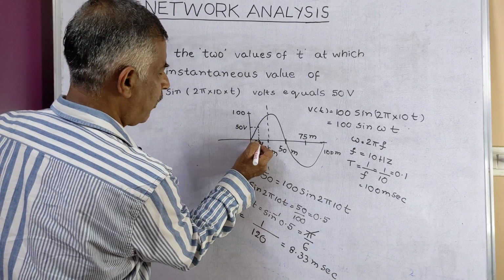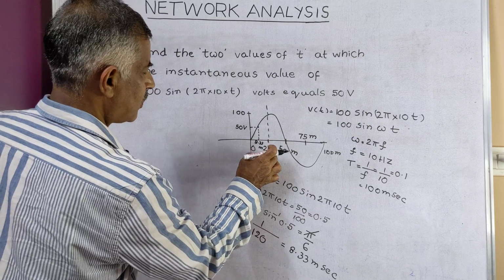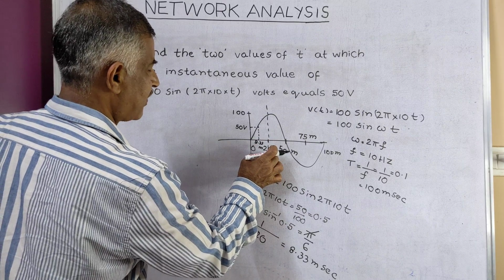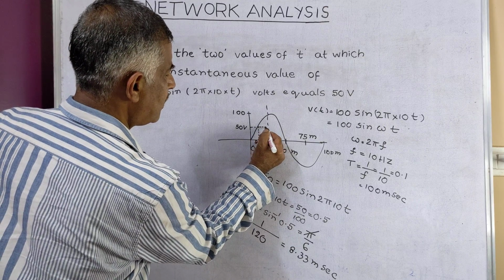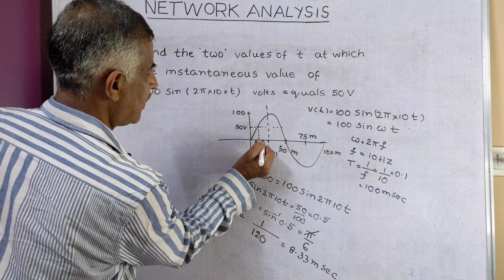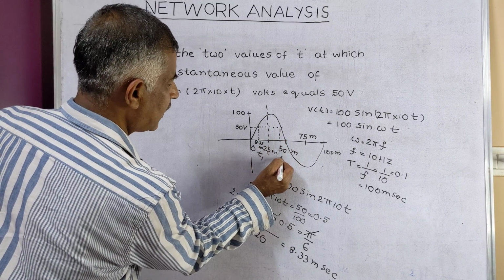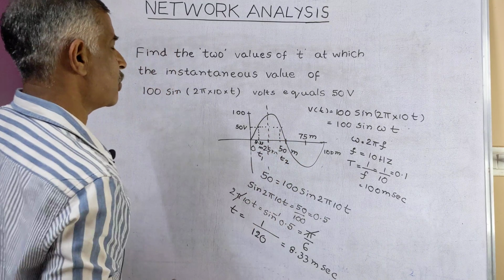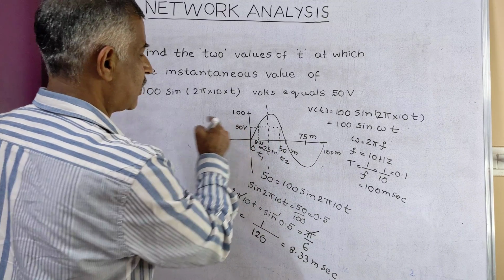Now, this is 8.33. This is 25 milliseconds, and this is one value of t, that is t1. We have to find the other value of t, that is t2, at which the instantaneous value becomes 50 volts.